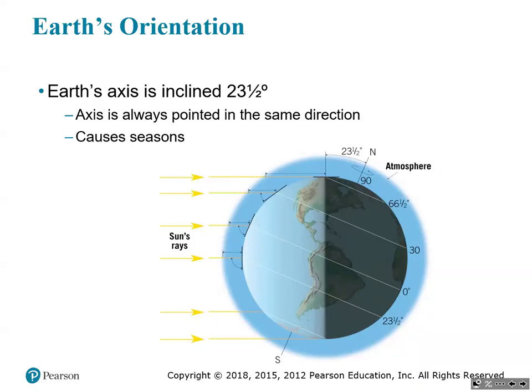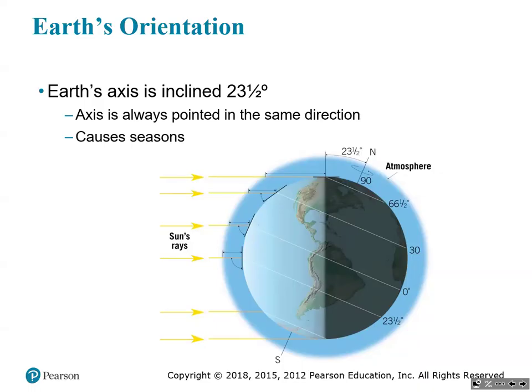It points towards the North Star. But the sun is not always in the same direction relative to the Earth, because we're moving around the sun. And this tilting, this change of where the sun illuminates, causes the seasons.